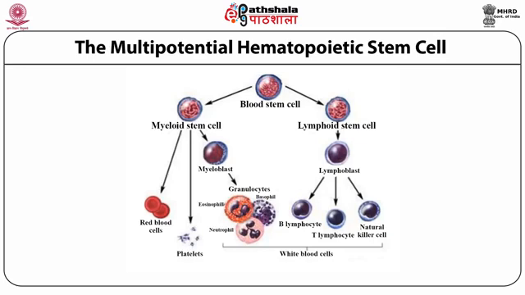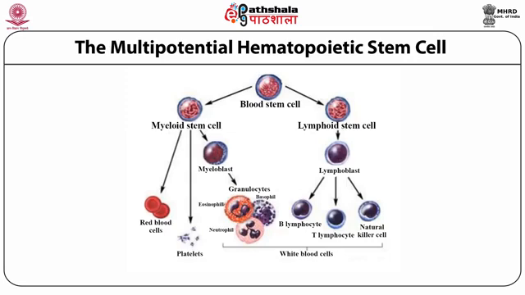As this slide traces the hematopoiesis, initially the blood stem cells form the myeloid stem cells and the lymphoid stem cells. It is the myeloid stem cells which then give rise to the various cells like red blood cells.